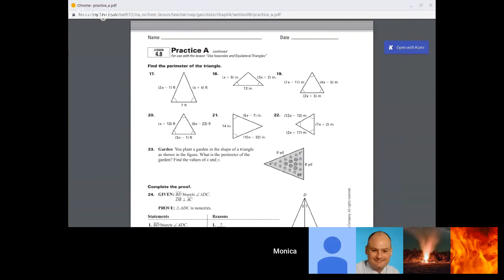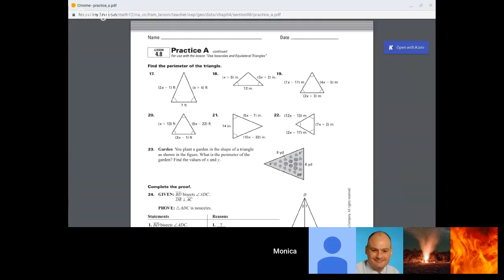So if you look at number 17, what do we know on that triangle that we can set equal to each other? Yeah, you can set those two long sides equal to each other, right? Because they are opposite those congruent angles.